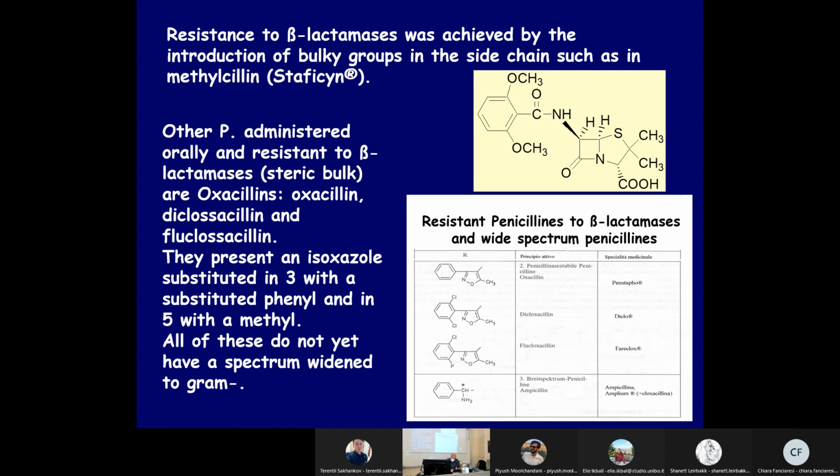During the last lesson, we have discussed the approach to increase the resistance towards the beta-lactamases.